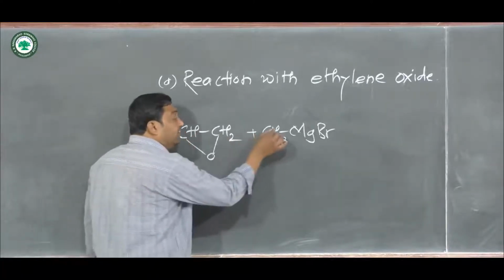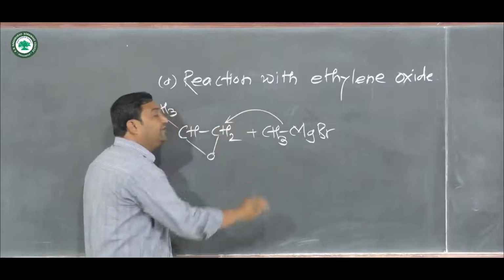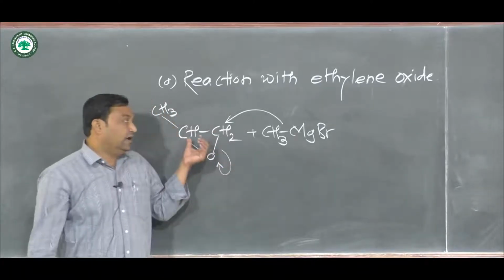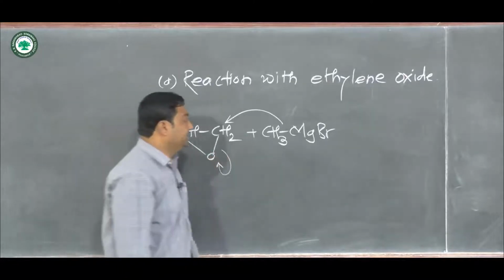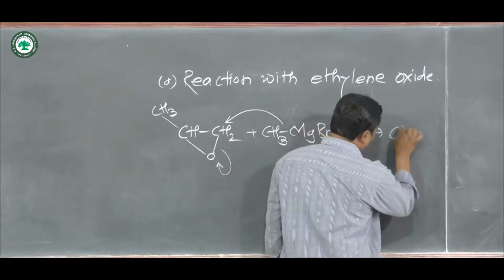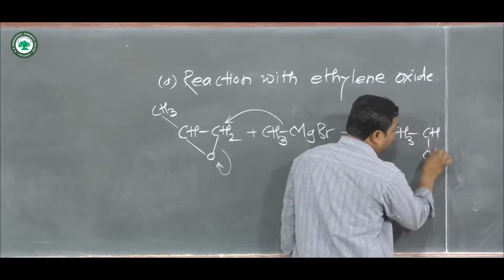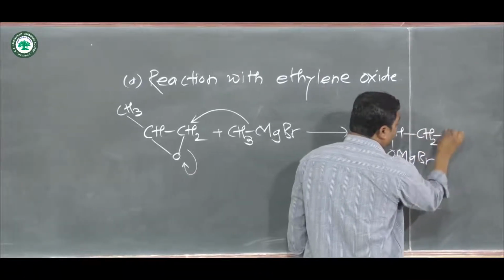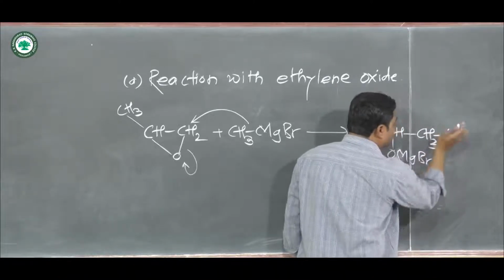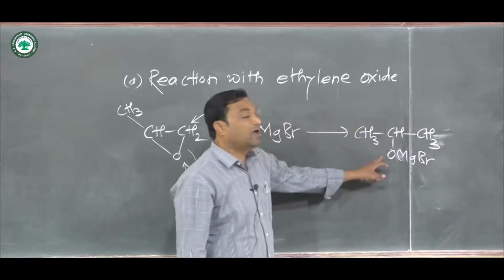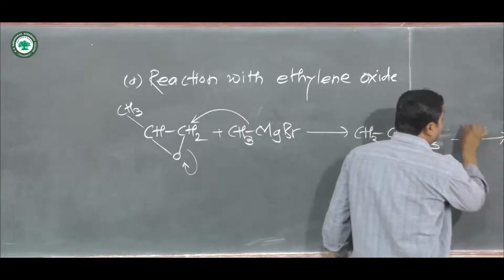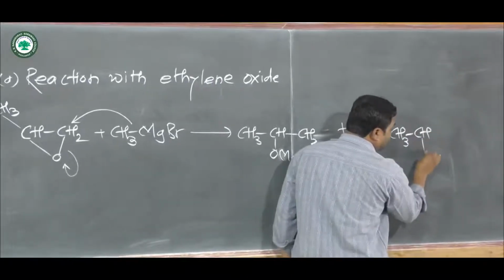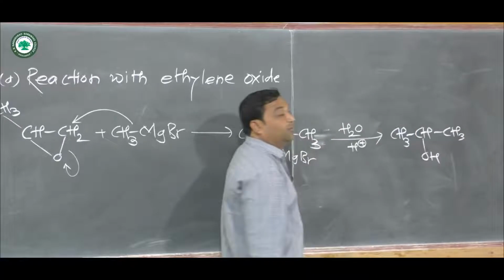Hence, in such cases, the methyl group always attacks the less substituted carbon atom and the product will be formed as a secondary alcohol, instead of our primary alcohol.